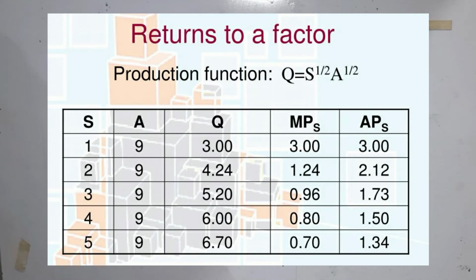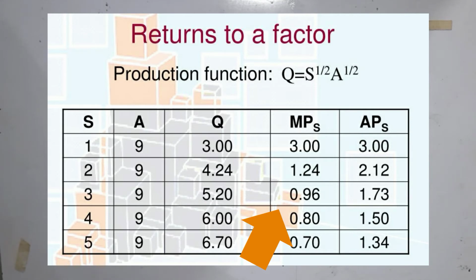If you look at the table, our total product for steel increases as our units of steel increase. But look at the marginal product. It decreases. Look at the diminishing marginal product of steel: from 3, the total increases to 4.24, so now we have 1.24 for the marginal.